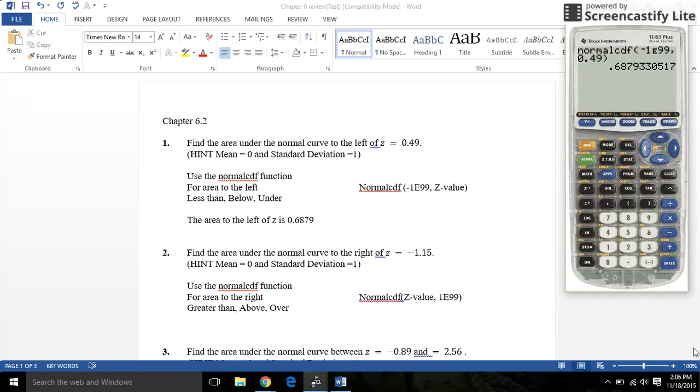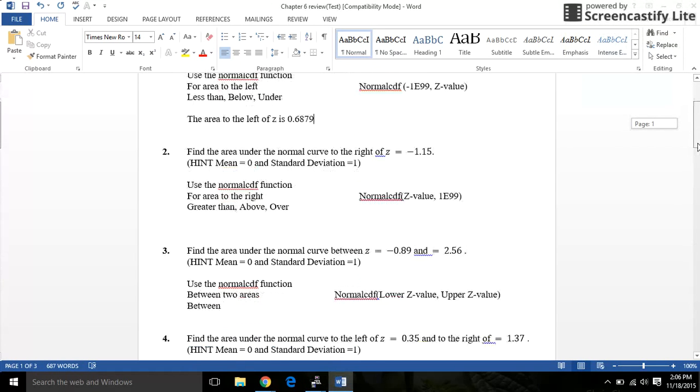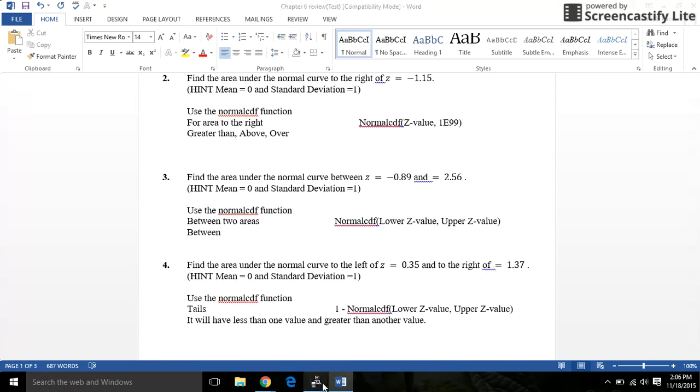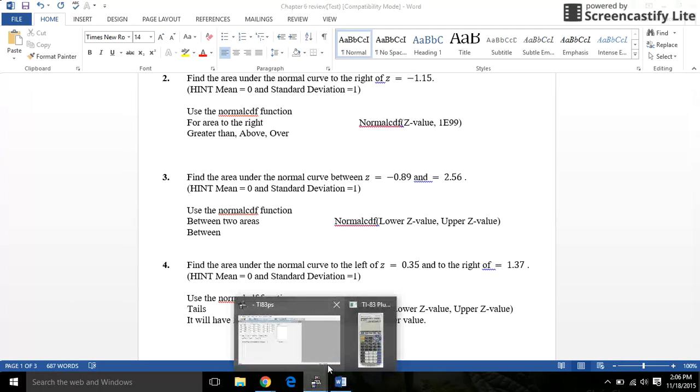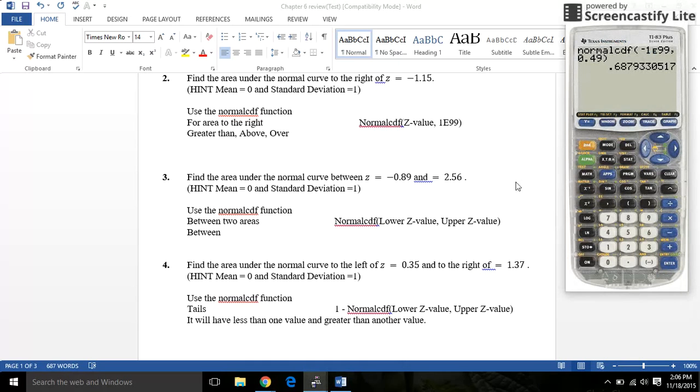Okay, let's keep going and do some of the right ones. Number 2 asks us, how do you do to the right? Sorry about that, let me bring my calculator back up. So again, find the area under the normal curve to the right of z, which is -1.15. It doesn't matter if z is negative or positive.